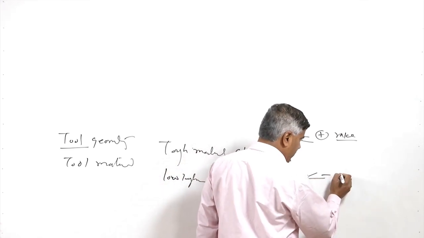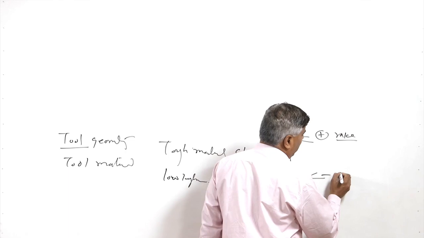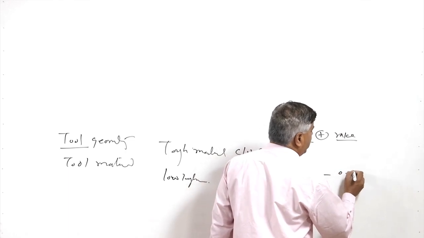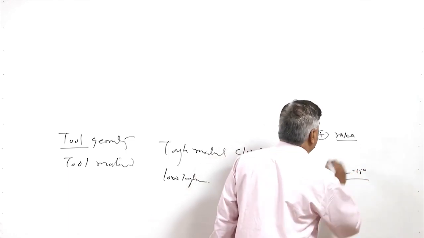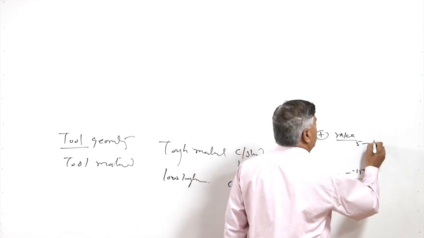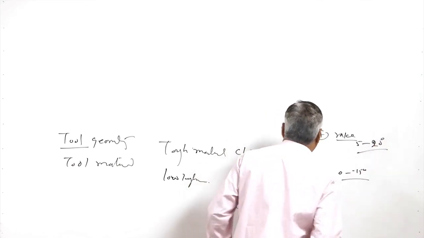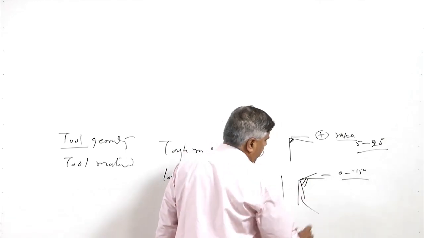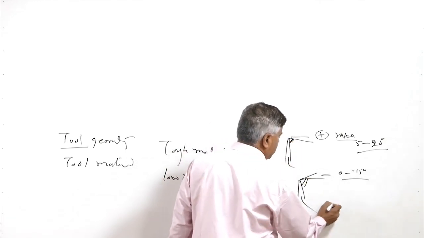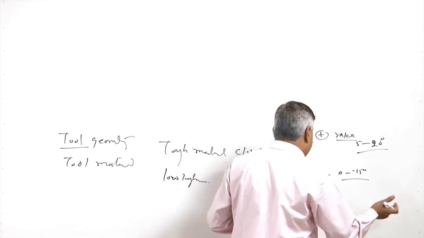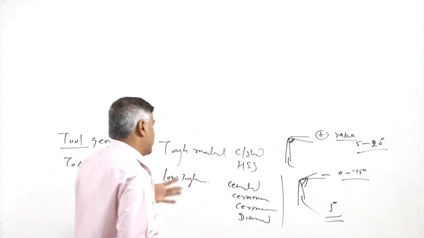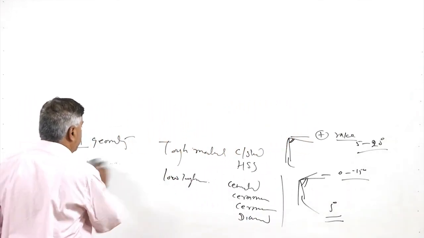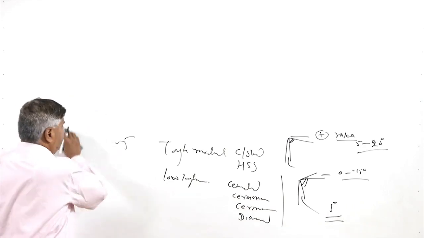Negative rake can vary like say from 0 to minus 15 degrees, while positive rake is normally 5 to 20 degree. On the other hand the clearance in both the cases is 5 degree, so that rubbing of the tool or insert with the workpiece can be avoided.